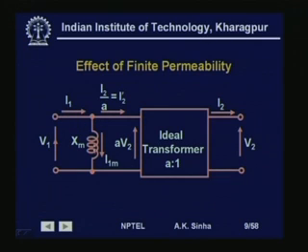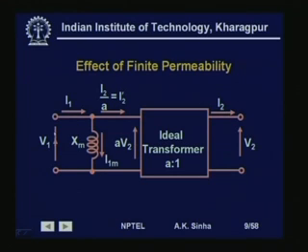That is, an inductance here will draw a current I m. This current is going to be lagging this voltage by 90 degrees, which is going to be the case for the flux which is set up, as we know. So, we can model the effect of finite permeability by means of this inductance X m here.